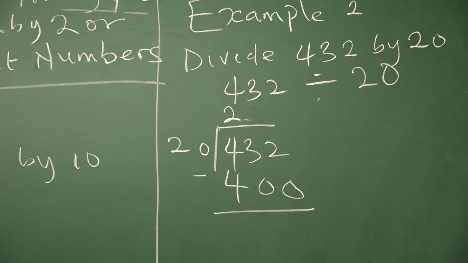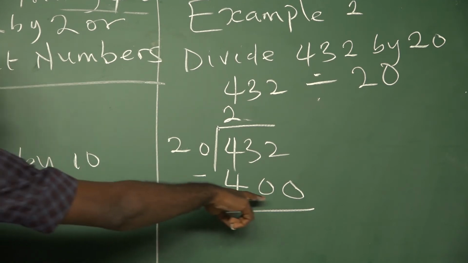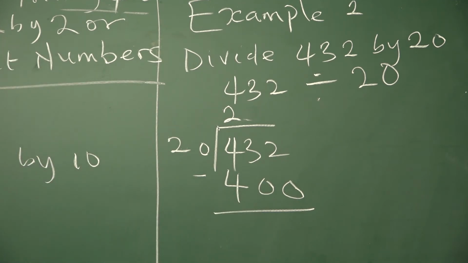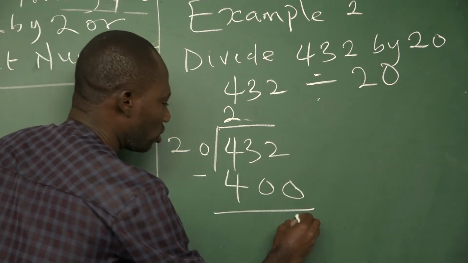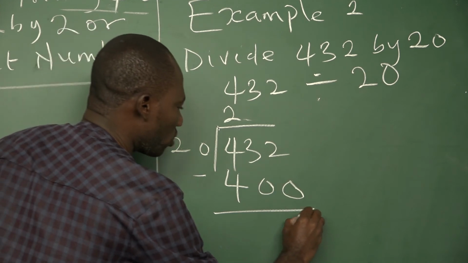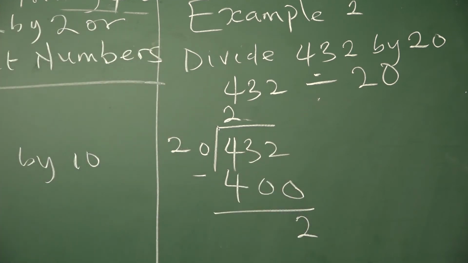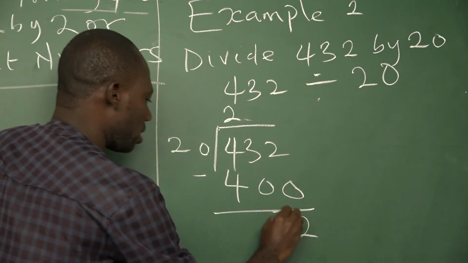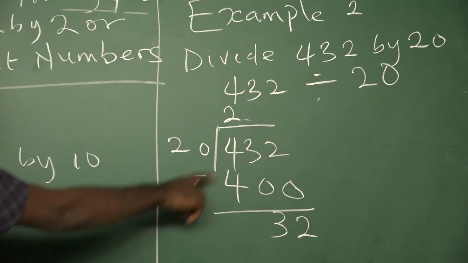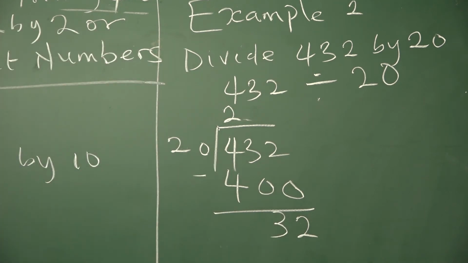We have done multiplication and it has given us 400. If we do our subtraction, 2 minus 0 will give us 2. 3 minus 0 will give us 3. And then 4 minus 4, of course, will give us 0. So we'll stop at that point.